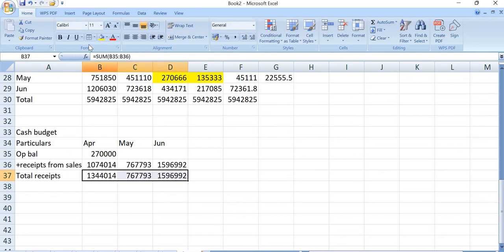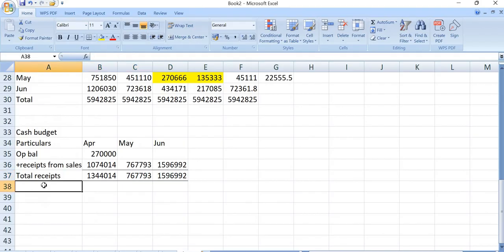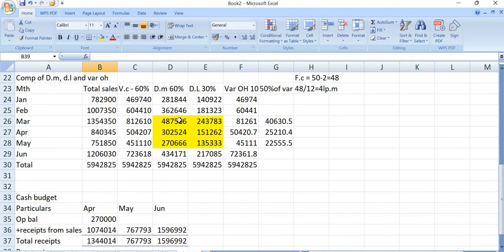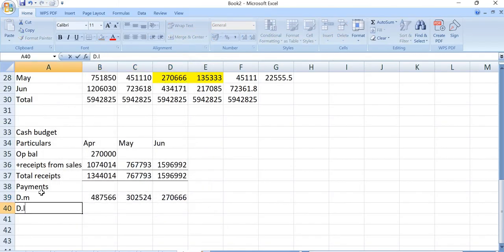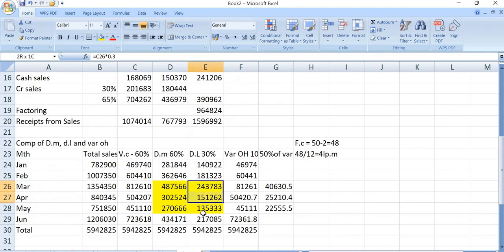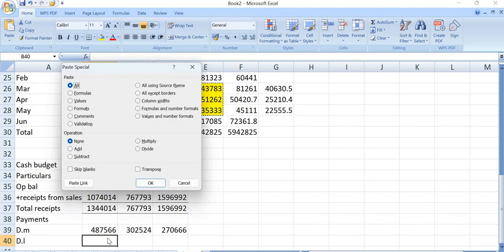Already we have calculated 10,74,767, this one. So total receipt. So now I am going to calculate payments.